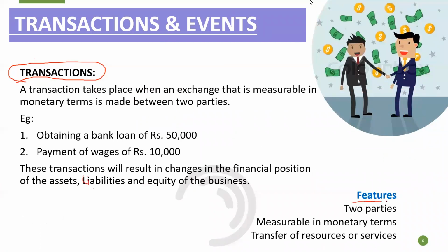A transaction has three features. There are two parties involved in a transaction, and there is something measurable in monetary terms, and there is a transfer of resources or a service.